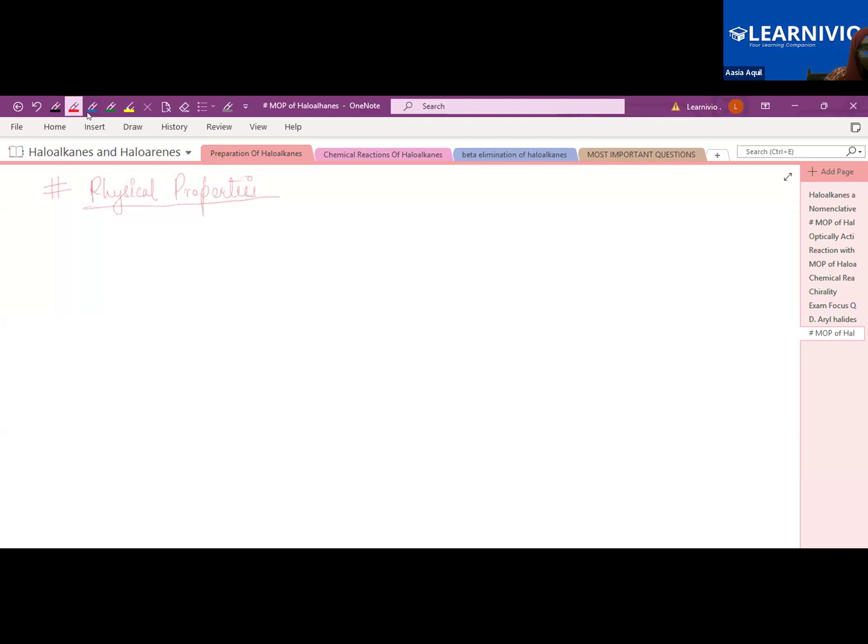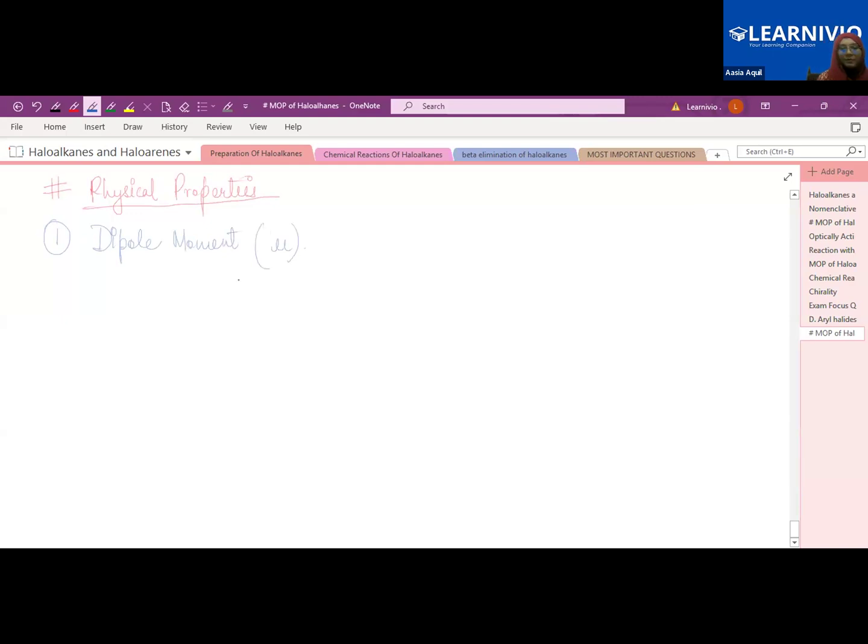First physical property is dipole moment. Can anyone please tell me what you mean by dipole moment? It's represented by this symbol, mu.